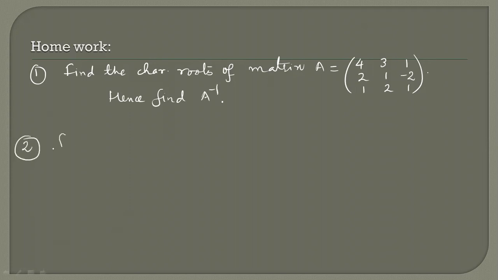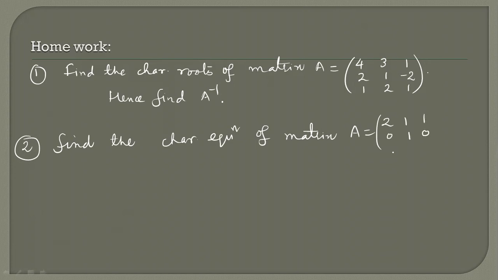Second: find the characteristic equation of matrix A equal to [2 1 1; 0 1 0; 1 1 2].